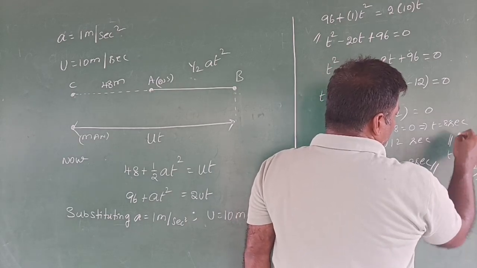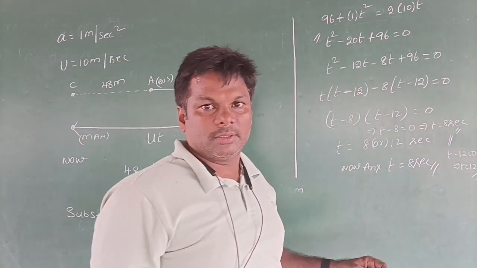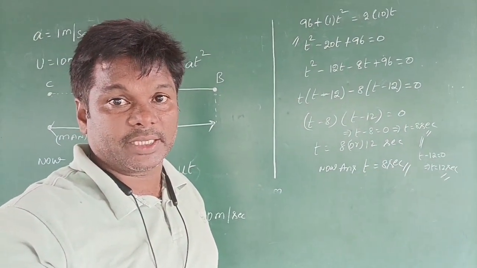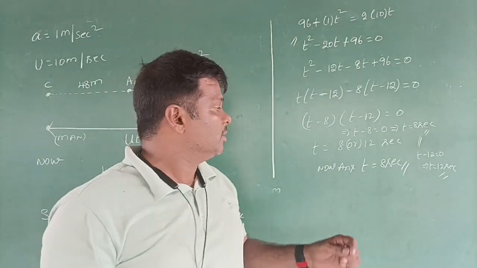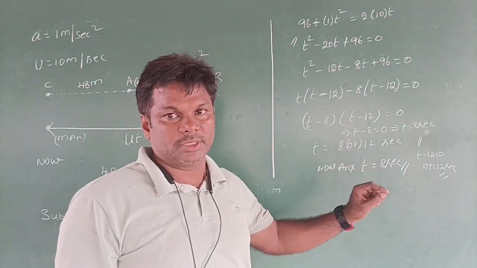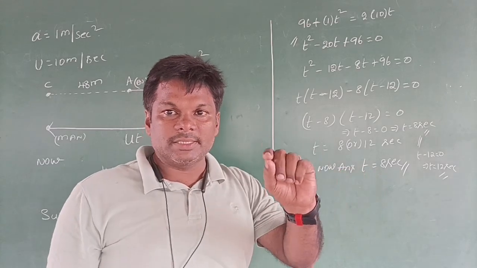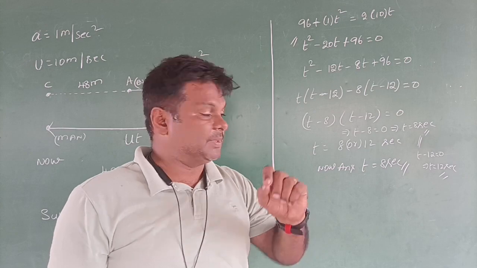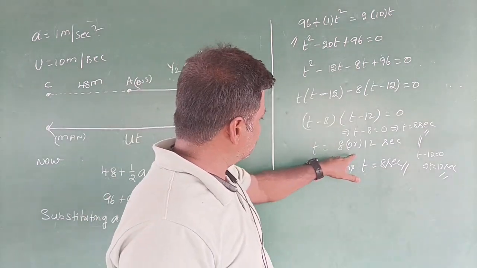So we got two solutions. Either t is equal to 8 seconds or t is equal to 12 seconds. When you are getting these types of two solutions, consider the minimum one, the smaller one. What is the smaller one among these two? 8 is smaller.